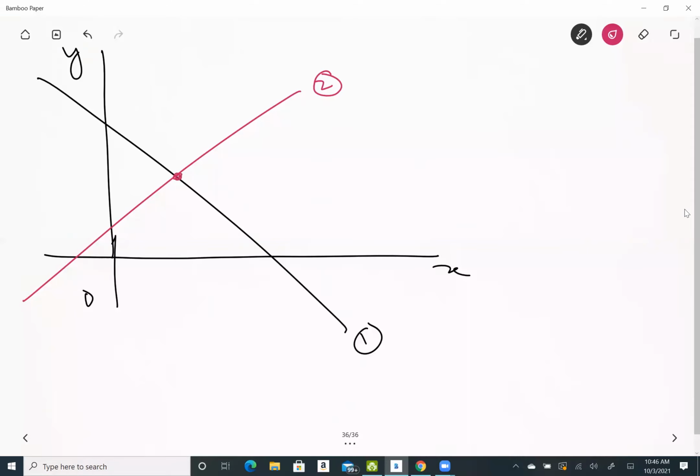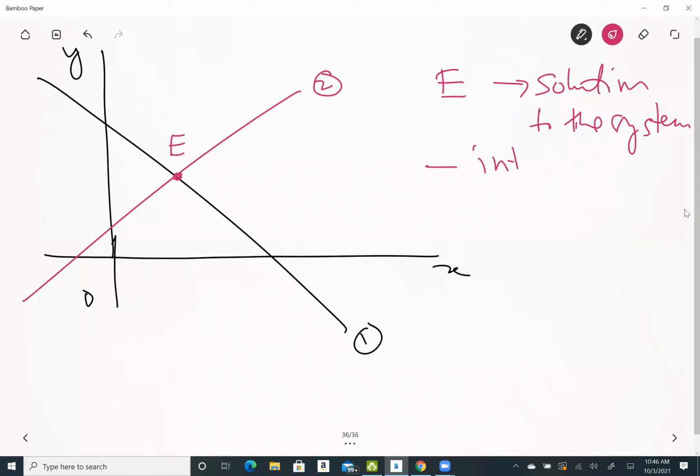That will be the solution. We call it point E. So E is the solution to the system, where the lines intersect, the intersection of the 2 lines or 2 equations.